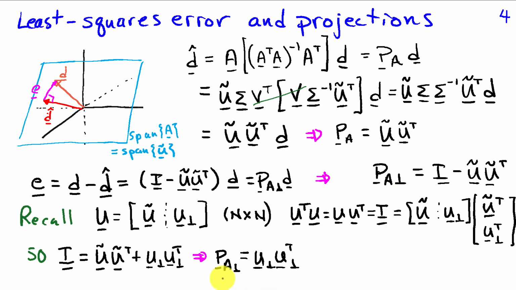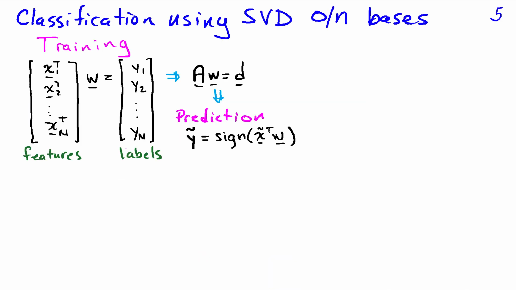So this projection is equivalent to using the left singular vectors that are orthogonal to the space spanned by columns of A. Lastly, look at how singular value decomposition helps us do classification in terms of orthonormal bases or orthobases, as we referred to in the previous unit.